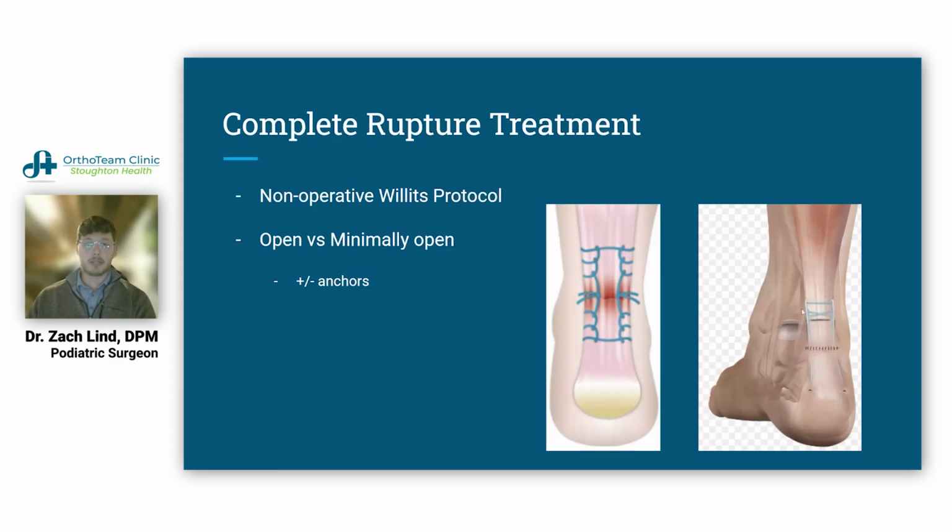This has a higher pull-out strength, and you can get people back to doing activities quicker with this because there's less risk of re-rupture, even compared to just end-to-end repair, where you're relying on the knots of the suture rather than the actual strength of the suture itself and anchors.